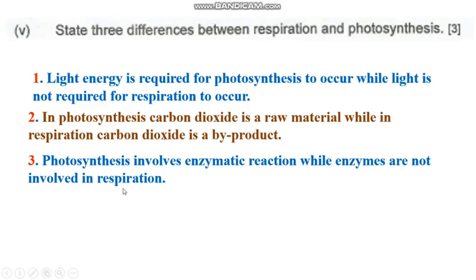So these are the 3 differences between respiration and photosynthesis. Note that there are other differences that I have not listed here. Okay, so we have answered our last question. These are the 3 differences, and you'll be able to score your 3 marks.